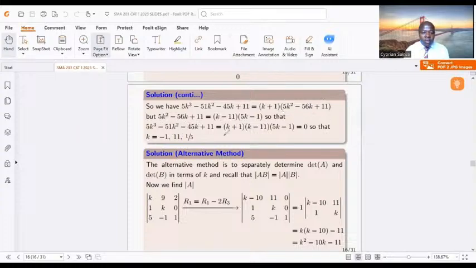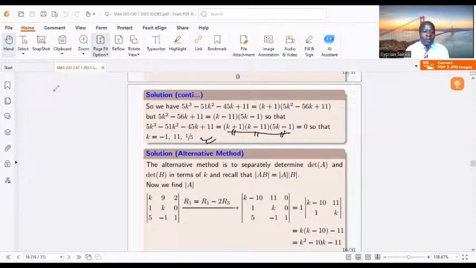So the cubic equation, therefore, can be factorized this way. Now, equate it to 0. When you do that, you will find that k is -1, or k is 11, or k is 1/5. So just equating this part to 0, then this part to 0, then this part to 0, and you get these values. That is one method.